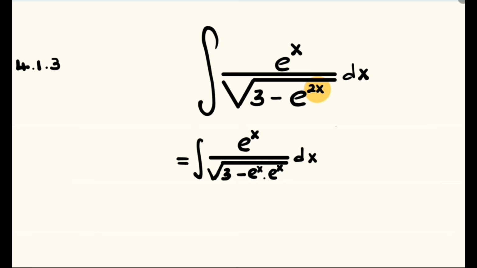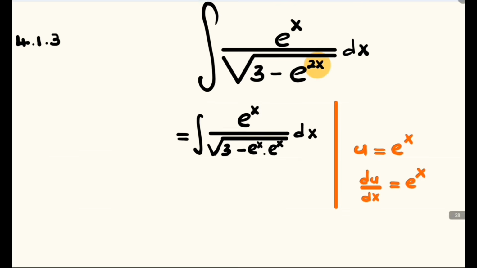We are going to let u equal e raised to the power x, and the derivative of u with respect to x. The derivative of e to the power x is just e to the power x.